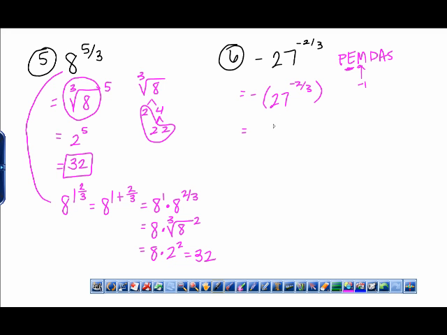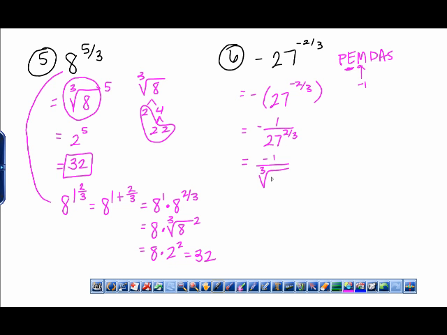So let's think about what this is. So this is like negative. I'm going to go ahead and take care of this negative that's in the exponent. And then this negative can stay out to the side. It can go up with the 1. Either way, it's the same thing. So negative 1 over, and then the bottom number 3, that's the root.